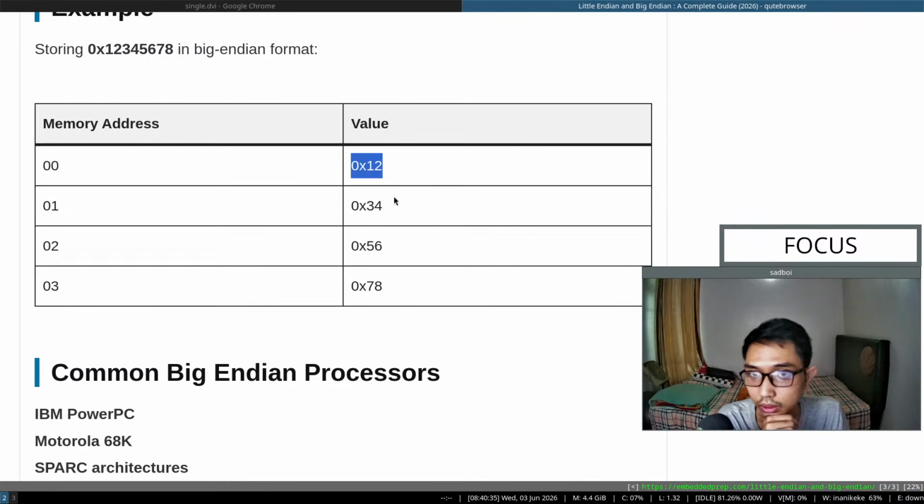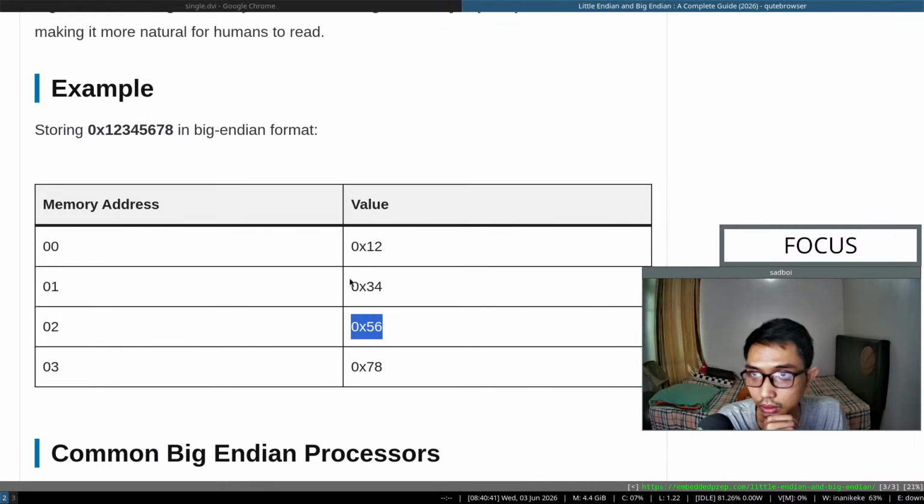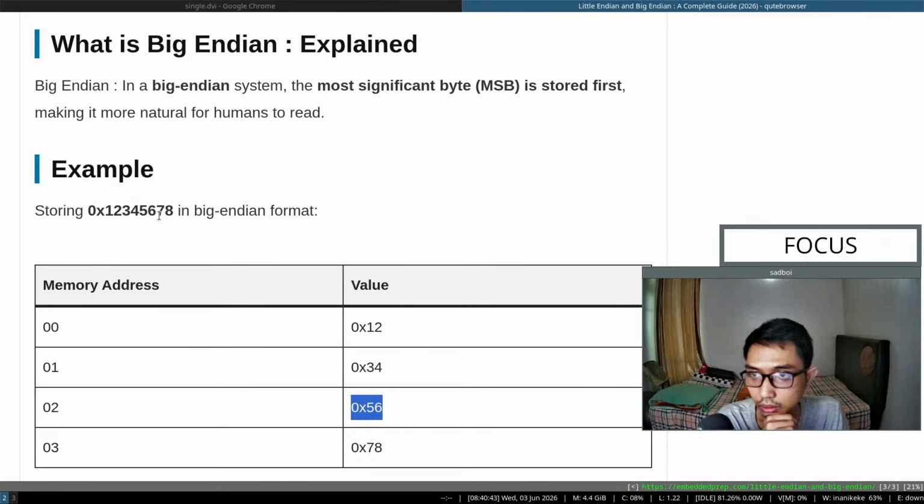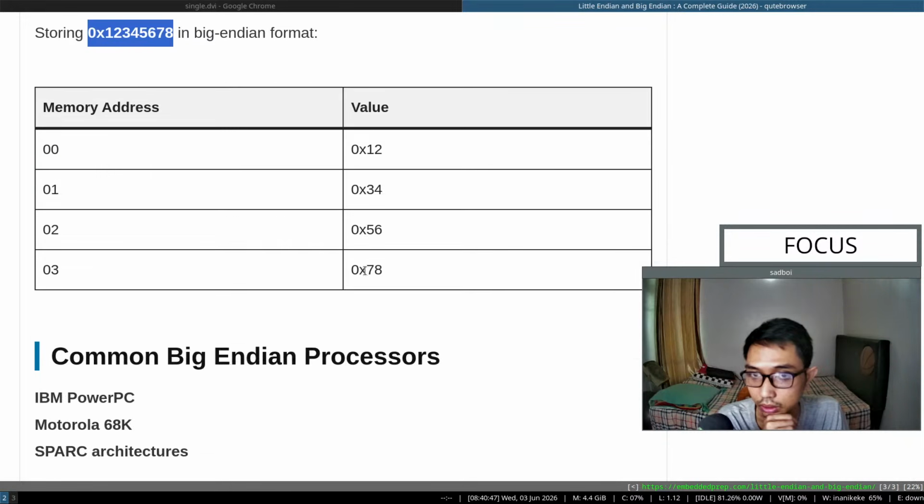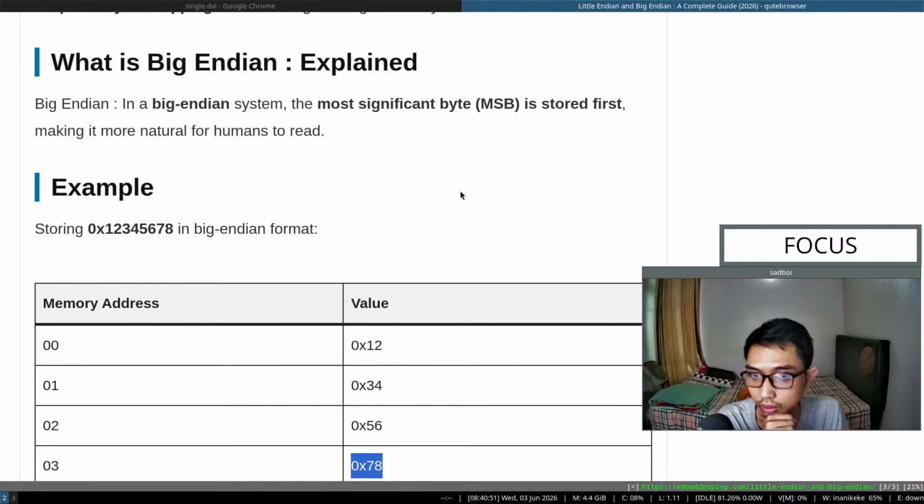Something like this. Storing this in big endian format.